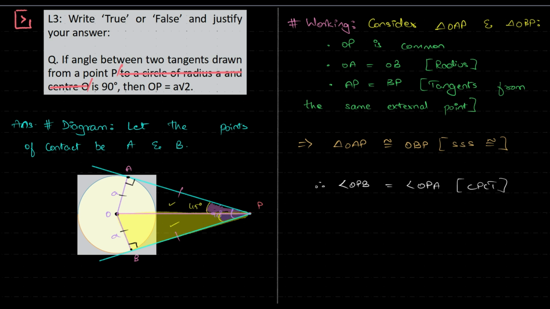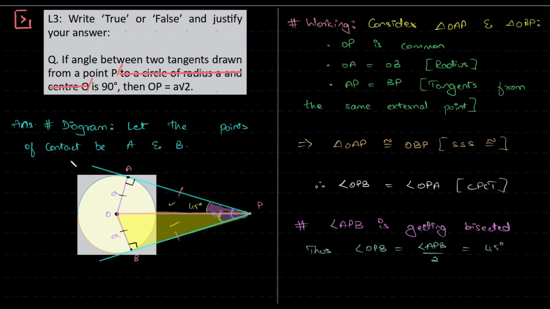Makes sense? And now, at last, what can we tell? So therefore, angle ABP is getting bisected, and thus we have one of the angles, say angle OBP is equal to half of ABP, and so this is 45 degree.